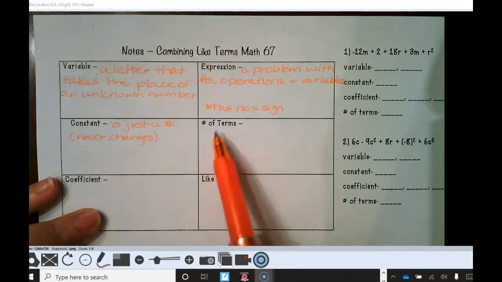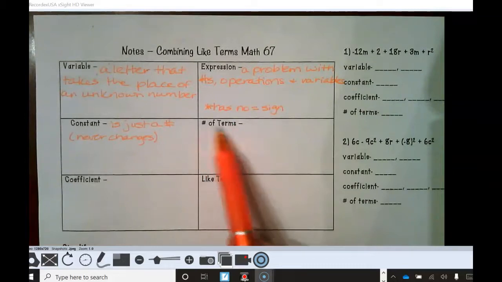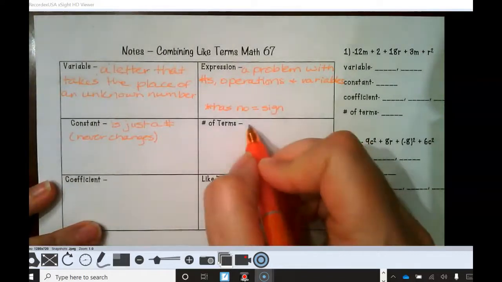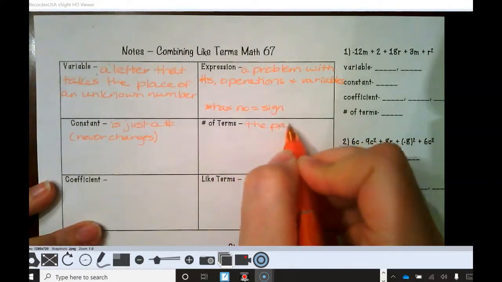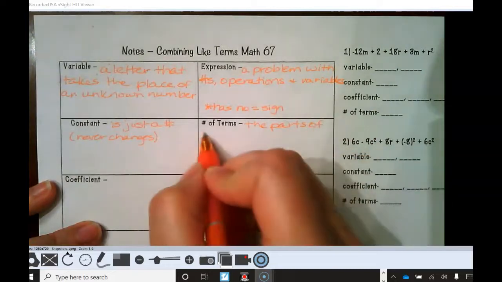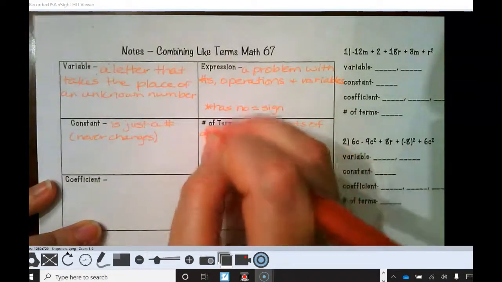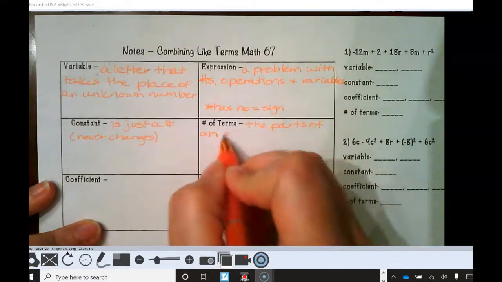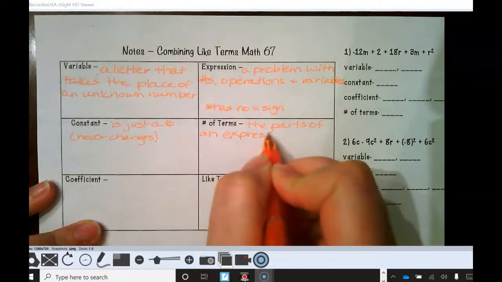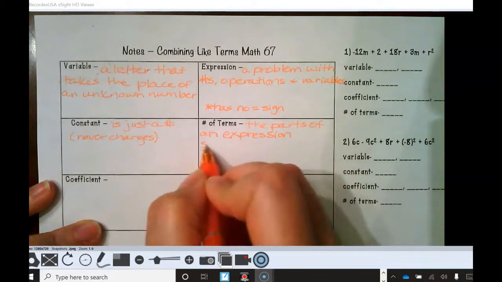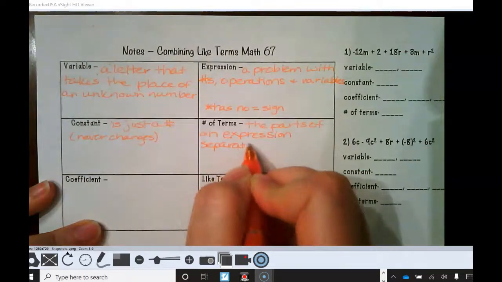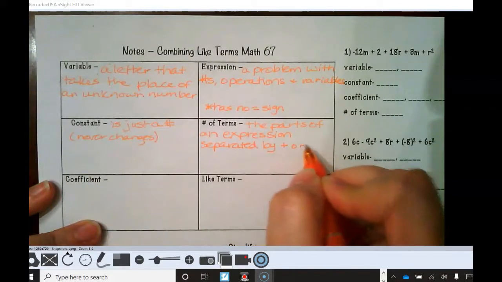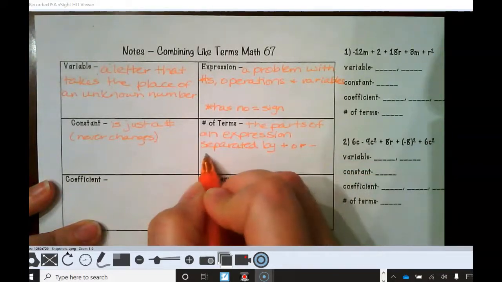All right, the next term we're going to talk about is the number of terms. You count the number of terms in an expression. It's the parts of an expression separated by either an addition or subtraction sign.